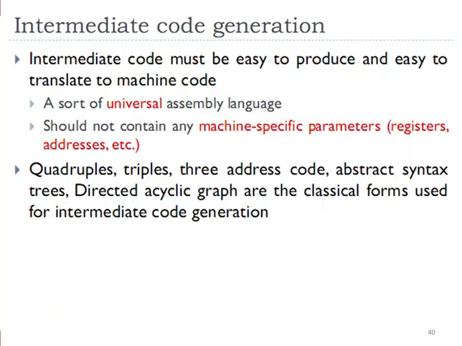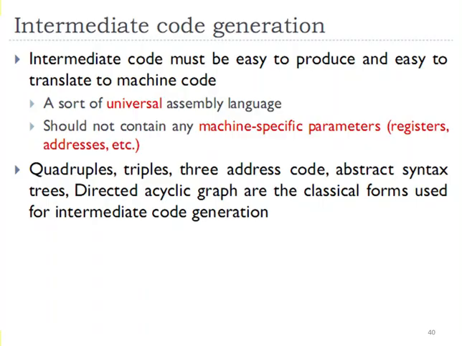intermediate code should not contain any machine specific parameters, like accessing the registers of the machine, like the addresses, and any machine dependent parameters should not exist in the intermediate code, because the intermediate code should be represented independent of any machine configurations or machine features.